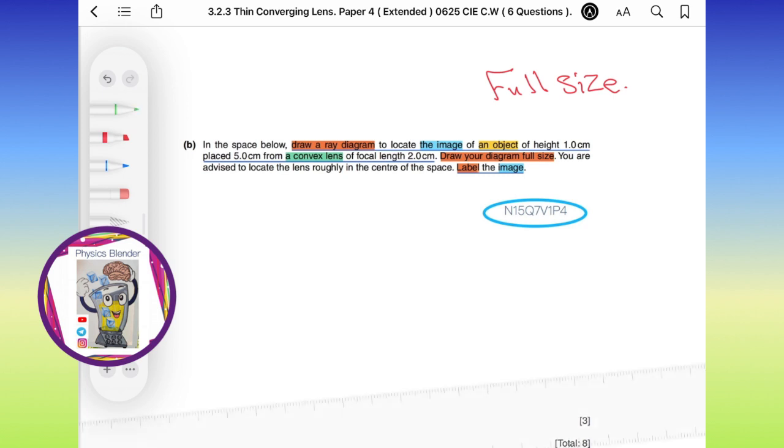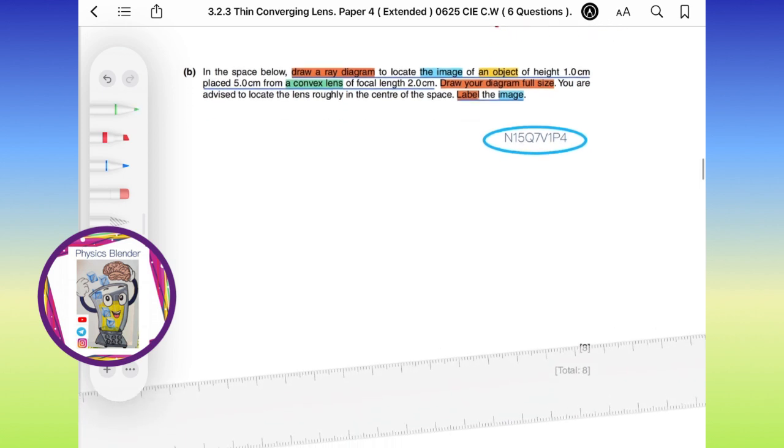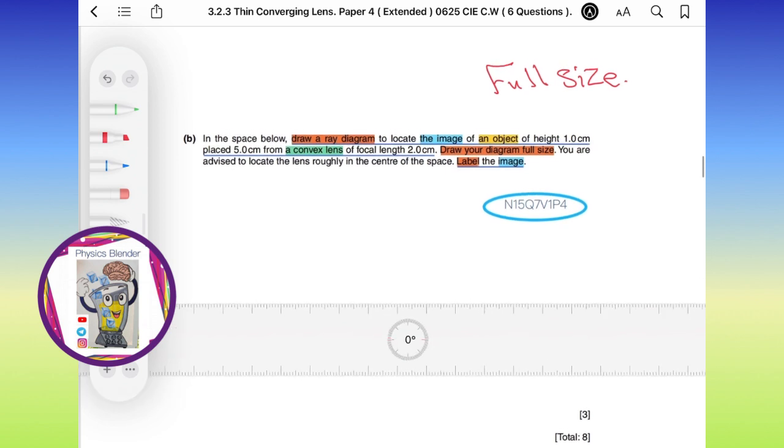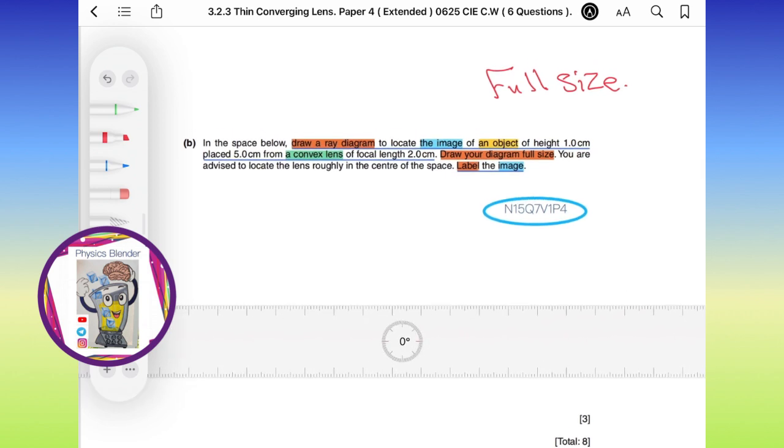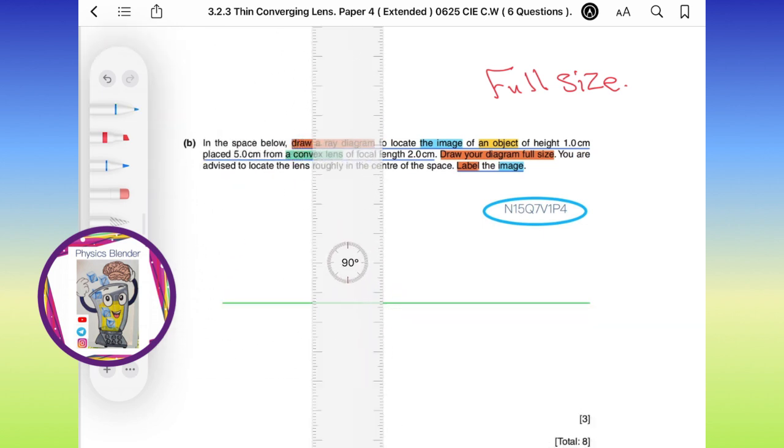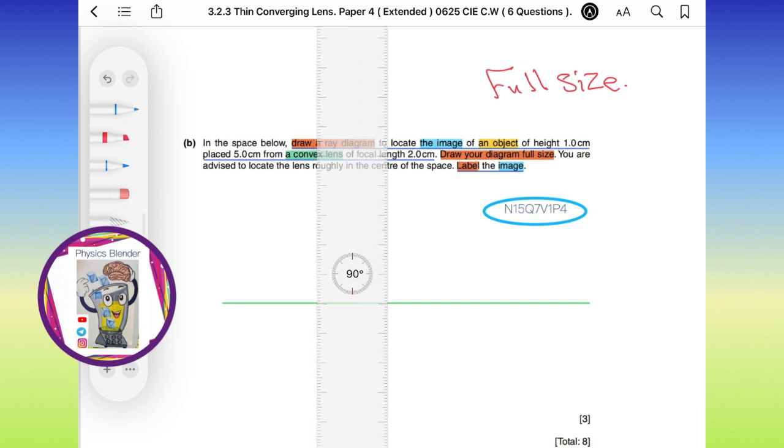First we have to draw the principal axis, and we will try to locate according to the advice. So we have here the principal axis, and we will draw the lens, to make it simple, here at the center.